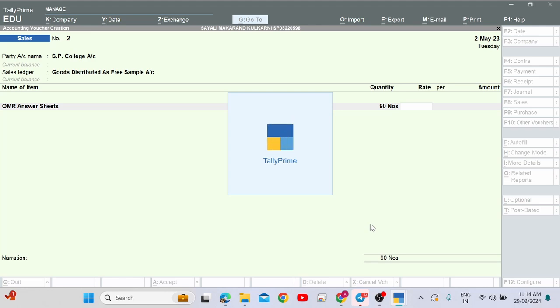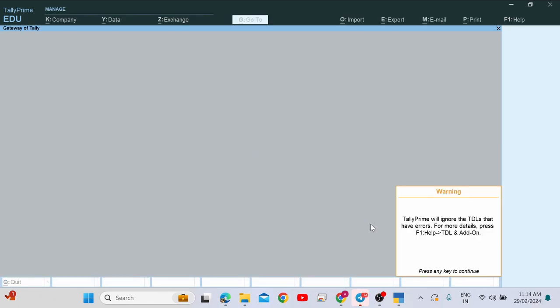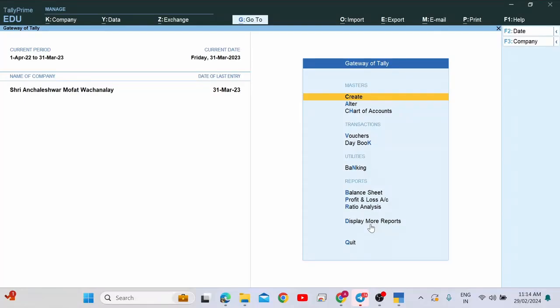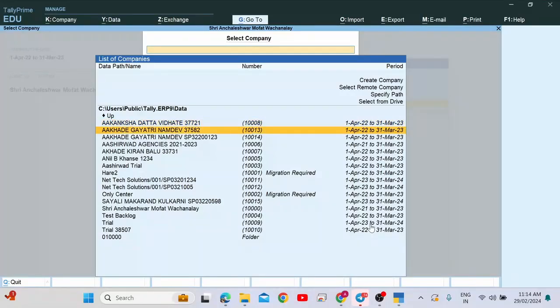If you want any information, you can check it in the second window and then use that information in the first window. In any window, if you pass the entry, you will still get that entry in your company only. All the entries will be saved in your company. Therefore don't take tension about the windows. Any window is possible.